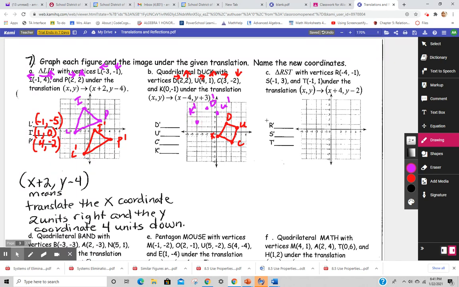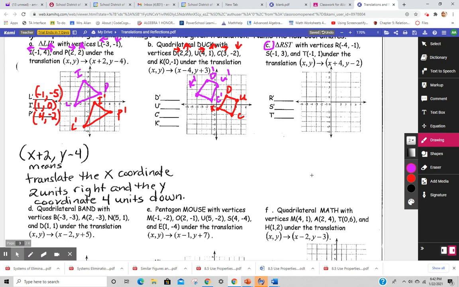C, 4 left, 1, 2, 3, 4, and up 1, 2, 3. C prime. So we can connect. And that's it. Okay, and the rest of it, C, D, E, and F, is homework for you to try on your own.